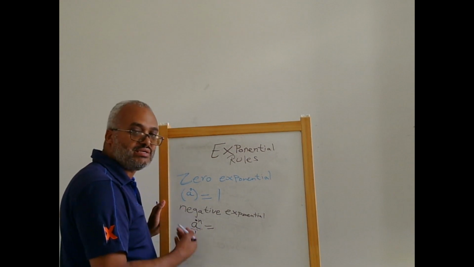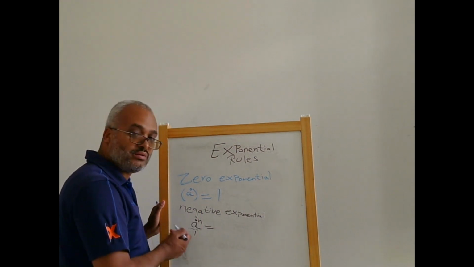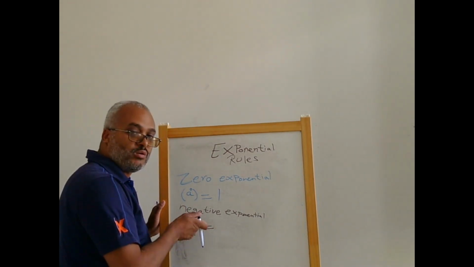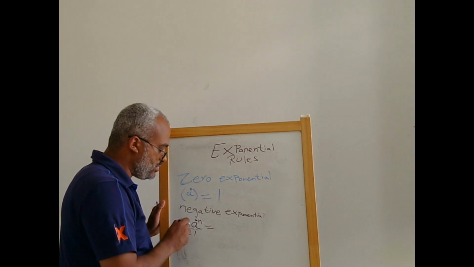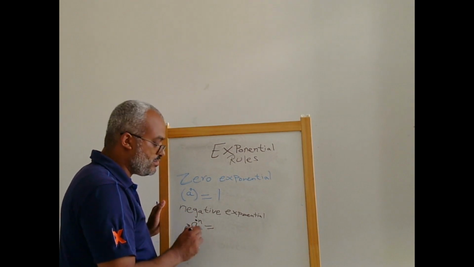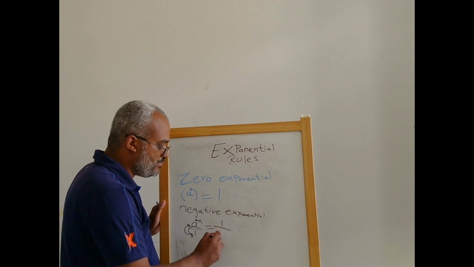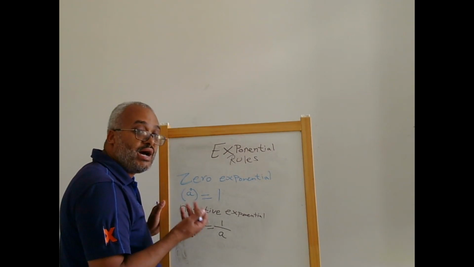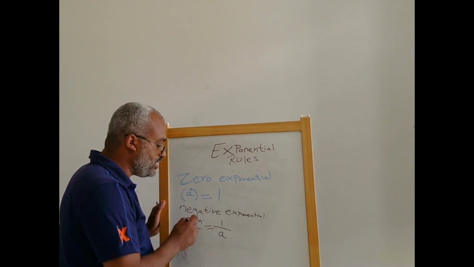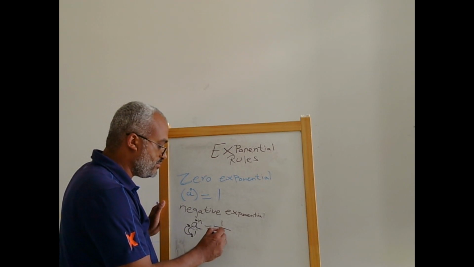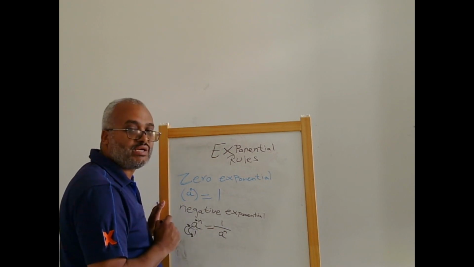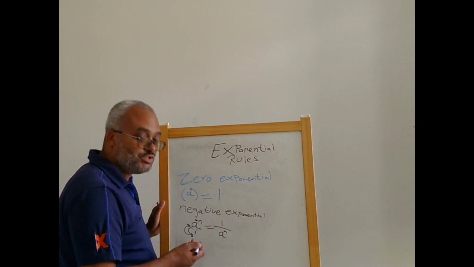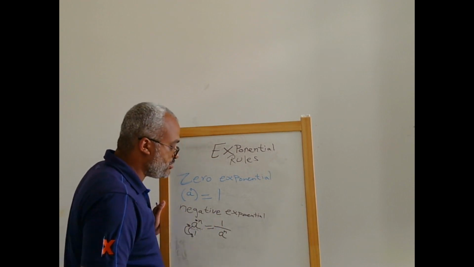Anything divided by 1 is itself. Right? So we're going to flip it. This one goes here and this one goes there. So 1 over a. Now instead of a negative n, it's going to be a positive n. So we're changing negative to a positive. So 1 over a to the power of n. It's called negative exponential.